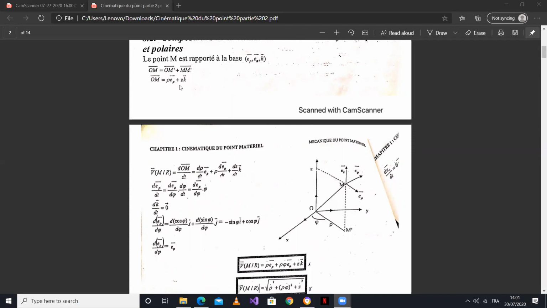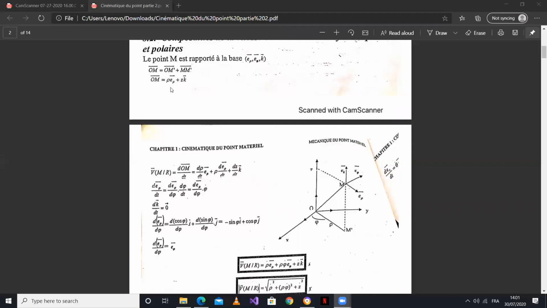So we are going to derive this expression. But here, rho and e rho are not fixed. They are all mobile. z is also mobile. z is changing, but k is fixed. Remember I told you e phi, k, they are fixed. So the k, we'll just leave it out. So rho and e rho, they are a product here. So we'll use the product rule. Calculus again. I emphasize, if you haven't done calculus, do it.